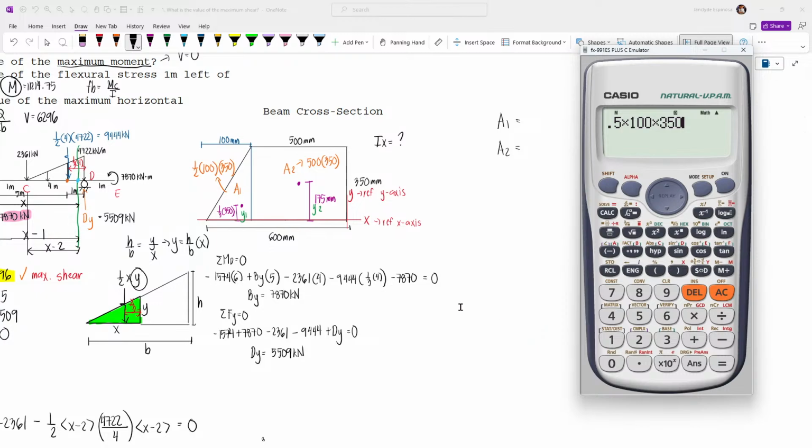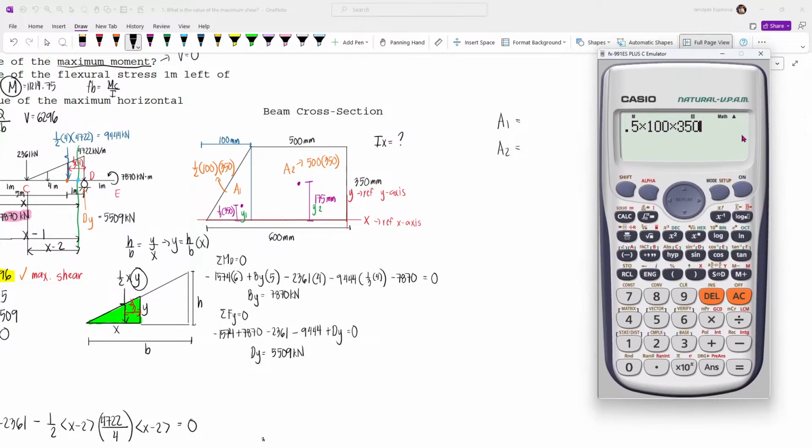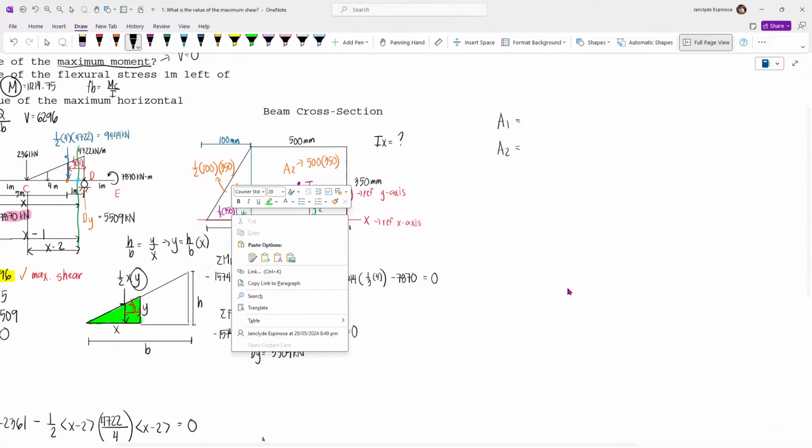By the way ha, especially sa board exam, ang 1/2, i-type na lang siya as 0.5 para makasave ka og keystrokes. Kaya ka na siya 1/2, 1, nya, fraction, pisit kag down, pisit kag 2, nya, right na pod, upat ka keystrokes or 5 at most.